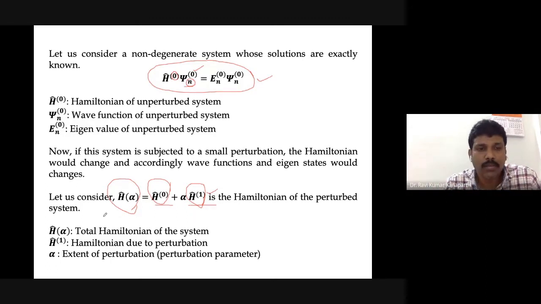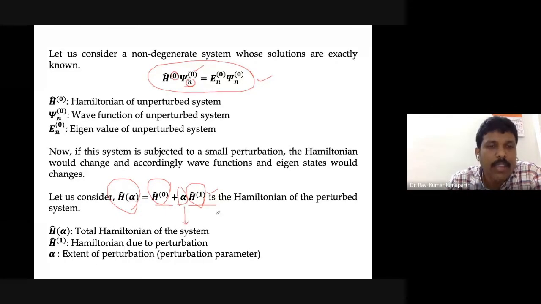Okay, so now here one particular thing that I just wanted to point out, alpha. Alpha is the perturbation parameter, and it actually describes the extent to which the system is perturbed. Okay, so you can talk about how much it is perturbed.